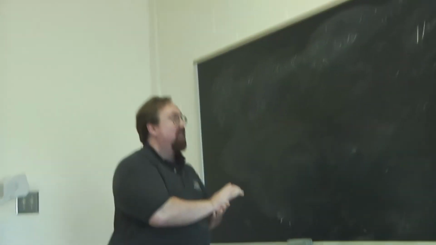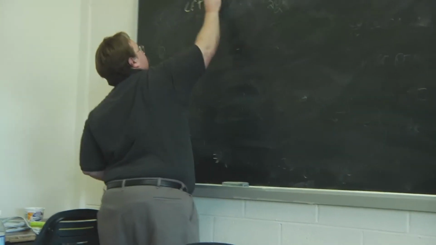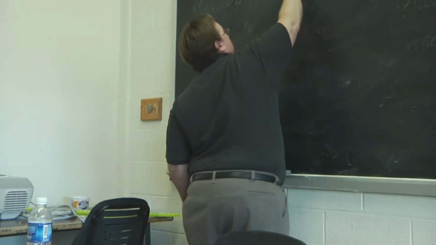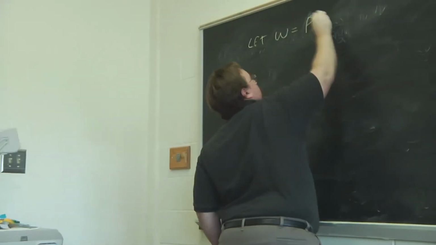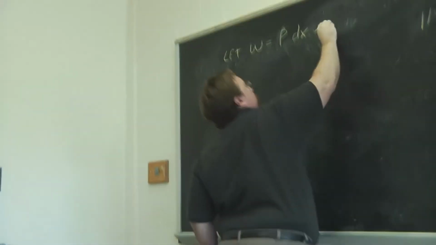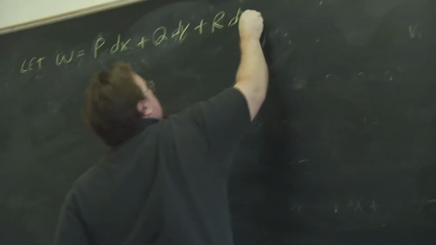Okay, so suppose we have a one form, omega, p dx plus q dy plus r dz.